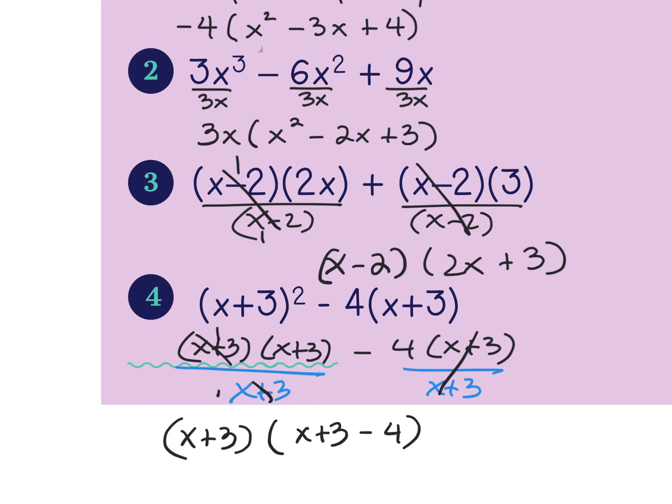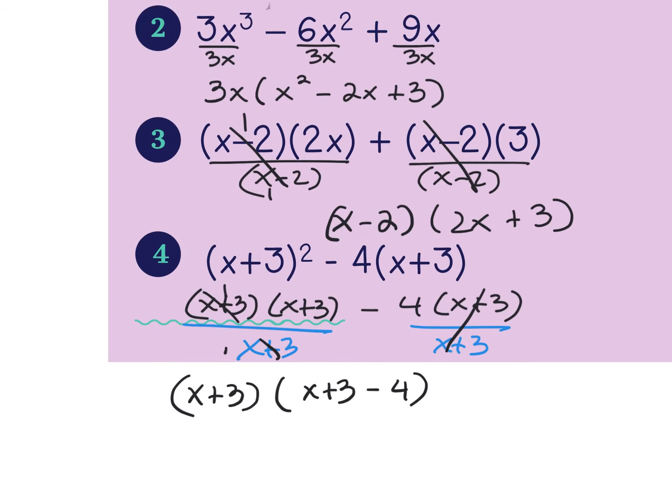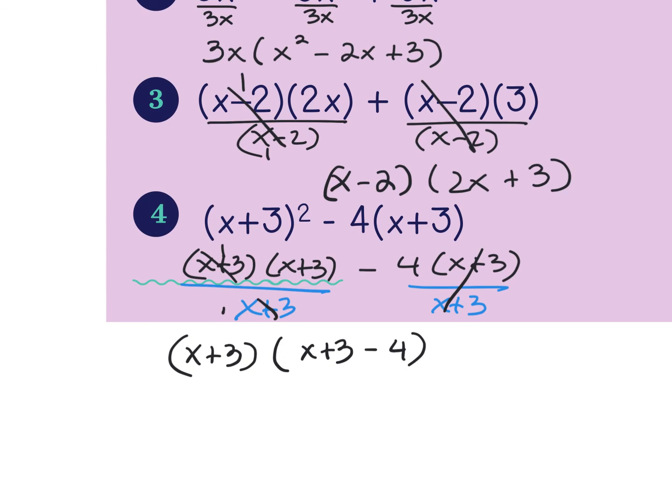Now, this might have been something that you may not have seen in your Algebra 1. You definitely should have seen the factoring out the monomial. Now, this one I'm still not finished because in that second parentheses, I've got like terms here that I can combine. So x plus 3, and then 3 minus 4 gives me negative 1.